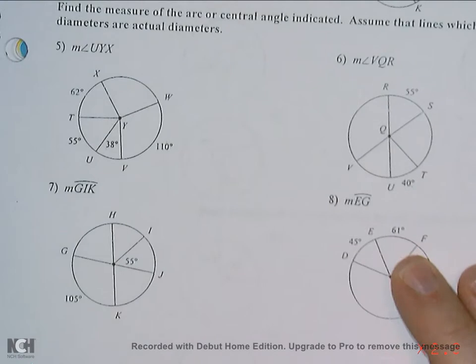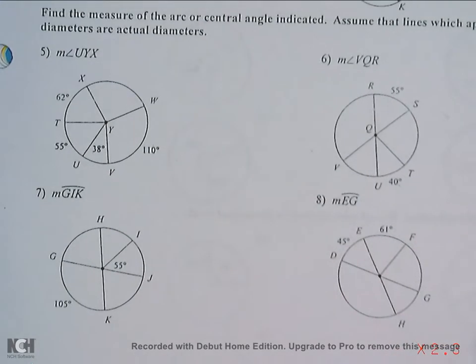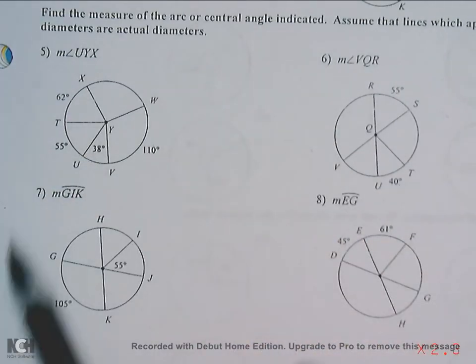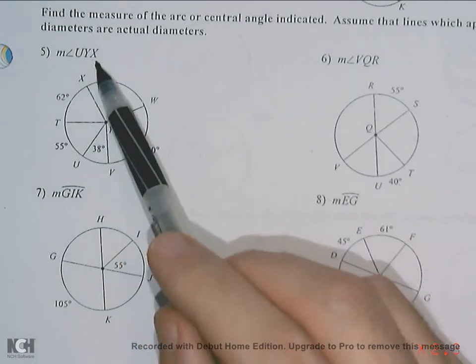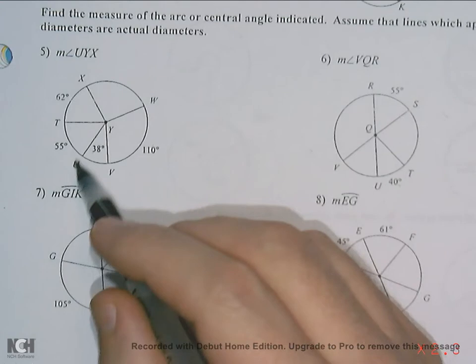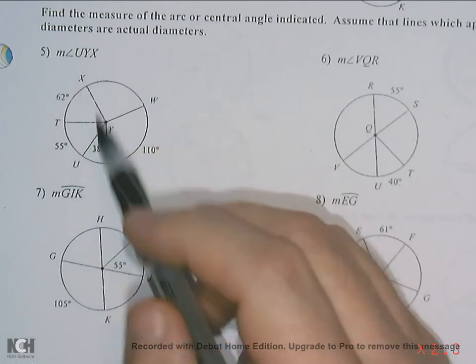Okay, then the next section here is wanting me to figure out the measurement of the arc or angle indicated. And again, angle and the arc are basically equivalent. So on problem number 1 here, it wants me to find the measure of angle UYX.